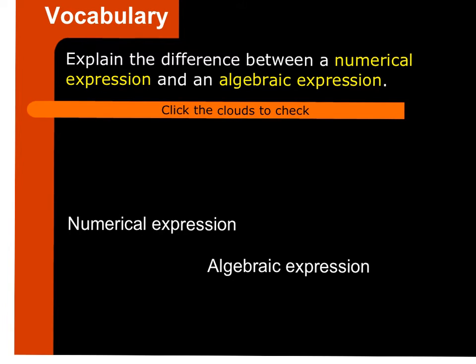So let's think about this. Explain the difference between a numerical expression and an algebraic expression. Please write what you believe is the difference between a numerical expression and an algebraic expression.